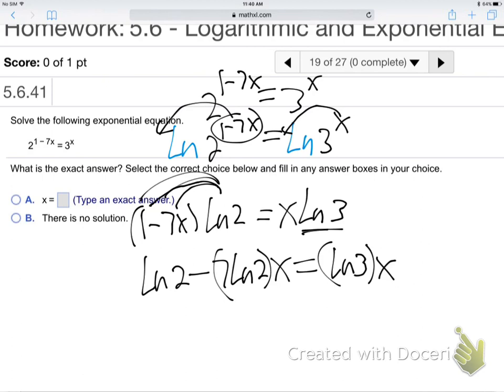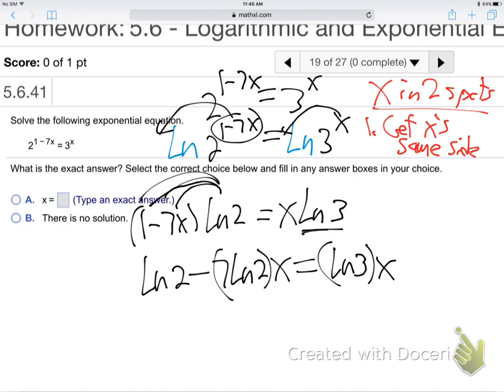Now we have x in two locations. We had this previously, but it's never easy. What do you do when x is in two spots? Get them on the same side, factor the x out, and divide. Very important. It comes up a lot in calculus. So get the x's on the same side, factor out x, and divide.